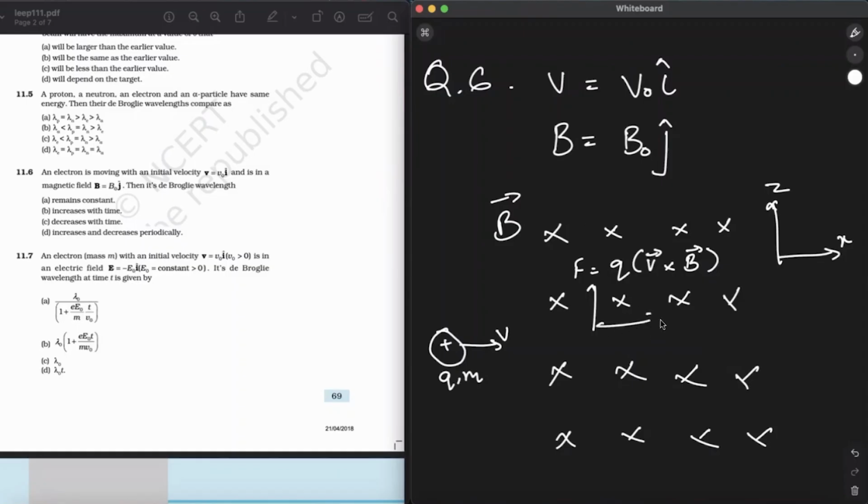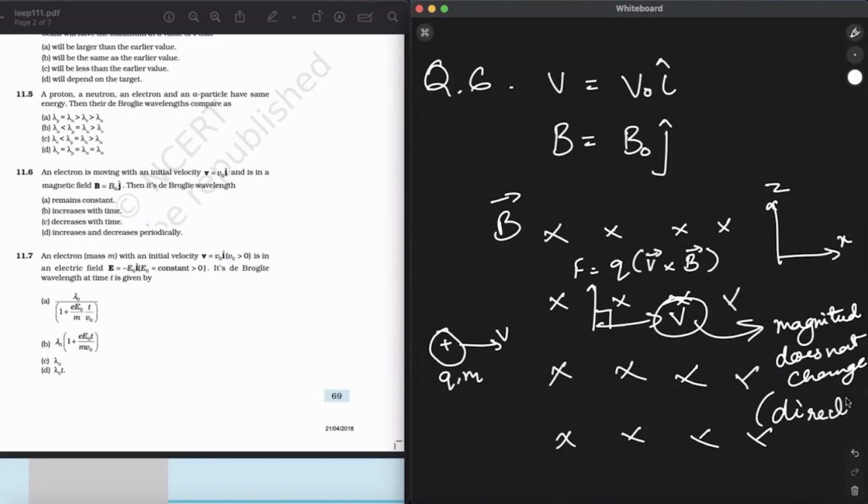The force is perpendicular to v, so the magnitude of v does not change. But what does it change? Since it is an acceleration, it will change the direction. If it changes the direction, then it changes the velocity. That is why it is an acceleration.